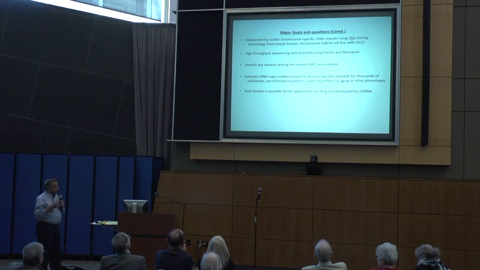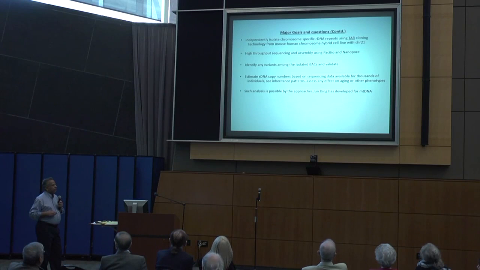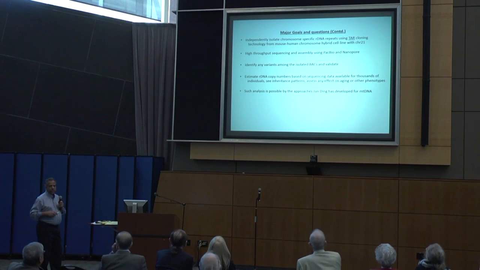So as initial work, what we wanted to do was to understand the structure of the ribosomal RNA locus on one particular chromosome. So we took a hybrid cell line, a mouse-human hybrid cell line that contains human chromosome 21. And then we used a specialized technique called TAR cloning, that is transformation-associated recombination.